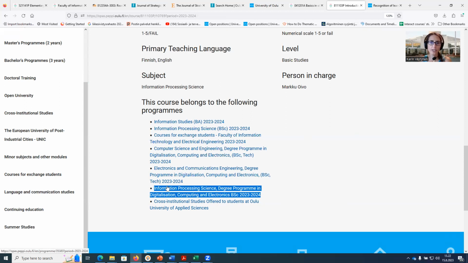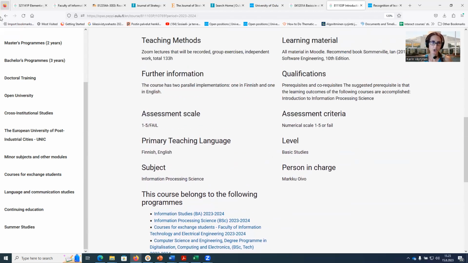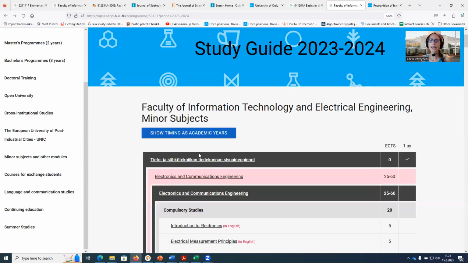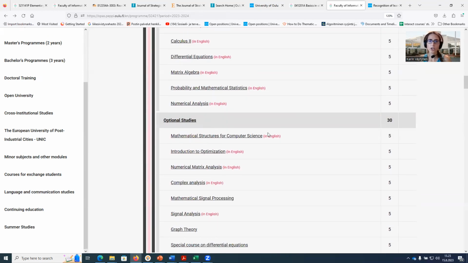That's why it's offered in English, but it is not open to all students in English, which means that you can now not completely trust it if it says a course is available in English, that you would actually be able or allowed to complete it in English. And that means you will need to contact the responsible teacher of the course to make sure, first of all, whether the course is taught in English, and second of all, whether you are allowed to participate in the course.